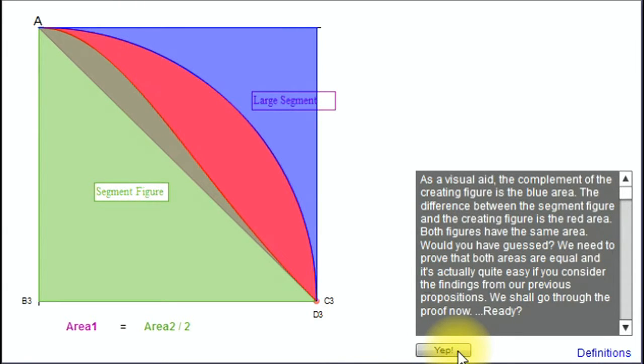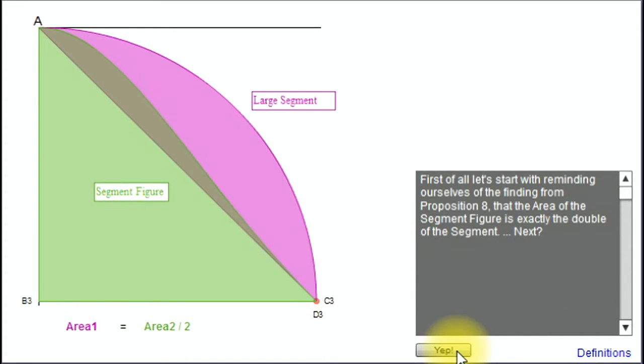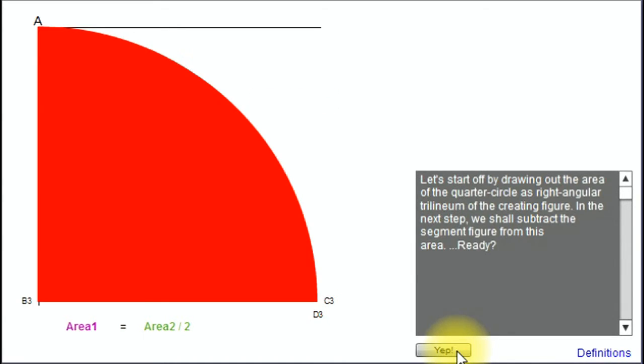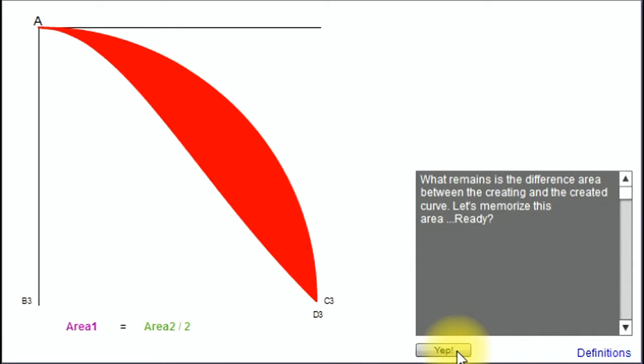Alright, how did he do it? First of all, we know from the previous propositions the relationship between the segment and the segment figure. And this we shall keep in mind. And now we first of all start basically from showing the area of the quarter circle. And from this area we now subtract the area which is the segment figure.